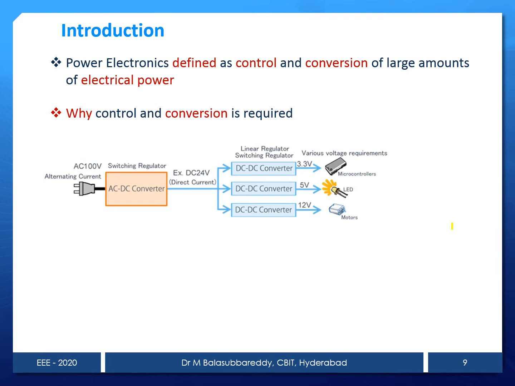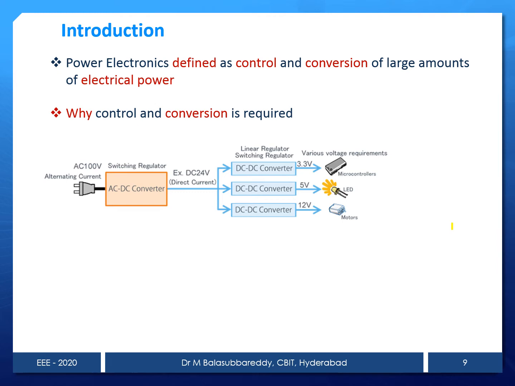After that, again we can use DC to DC controllers. When we get fixed DC from fixed AC, using something like a diode rectifier, after the diode rectifier we can use linear regulators or switching regulators, which are also called choppers. They convert fixed DC to variable DC to work with the different voltage ratings of the applications.